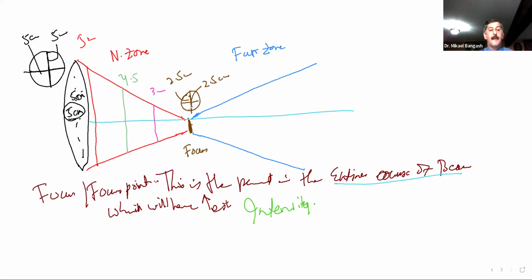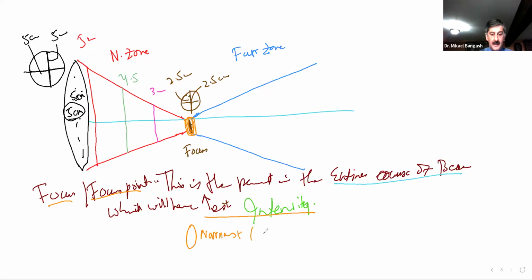Yes. But throughout the entire course, the main reason that the focus or your focal point has the greatest intensity is that it was the point of the beam that we said was narrowest.